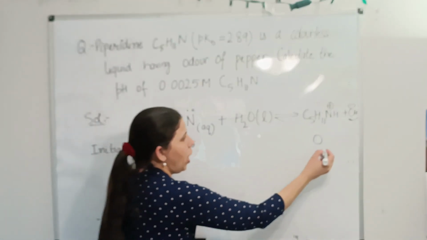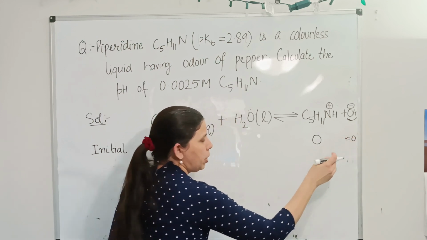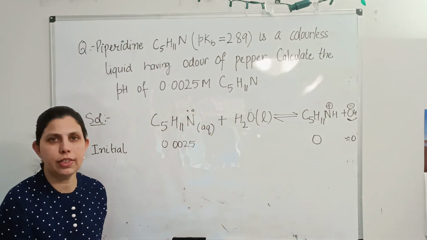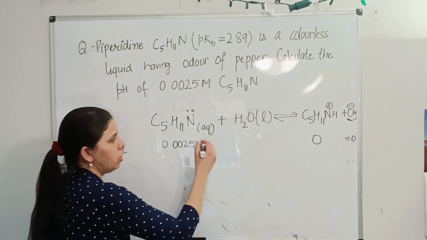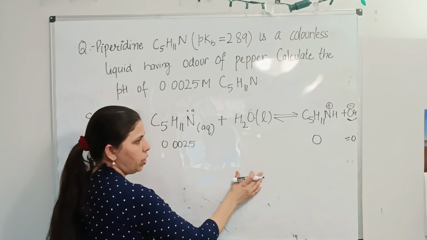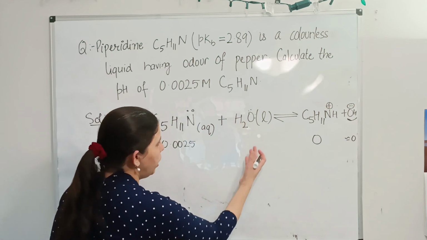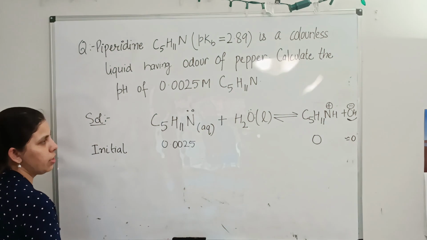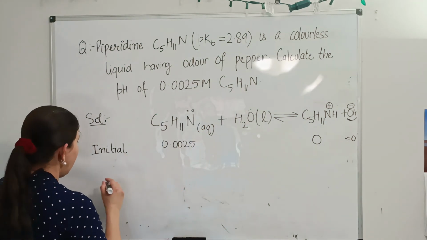The concentration of hydroxide ions is nearly 0 because some of them are coming from the auto-ionization of water and we are ignoring them at this stage. The concentration of the solvent we are not going to take because it's present in a large amount, so we are not worried about what other concentration changes happen in the solvent, so we'll leave that.